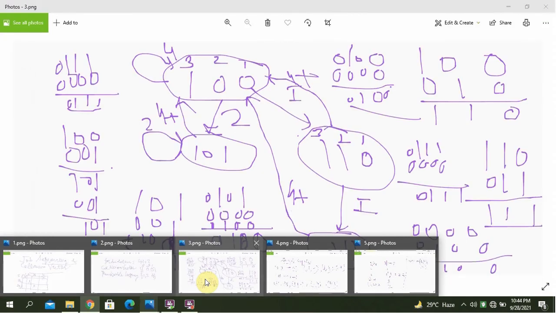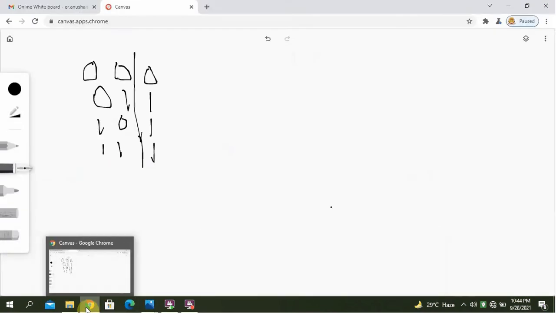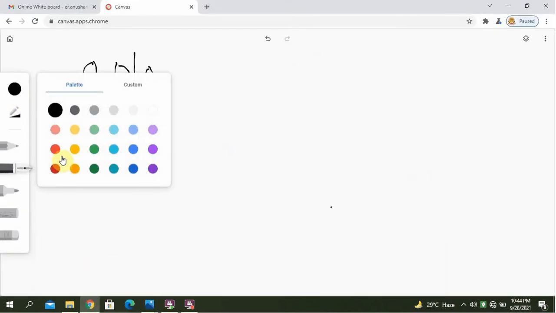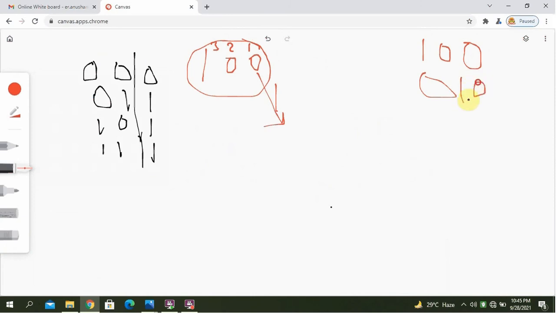We will explain here how to make the state diagram. 1 0 0. This is collision 1, collision 2 and 3. Here by shifting right the vector one position, that is 1 0 0, shifting right the vector one position, that is 0 1 0.